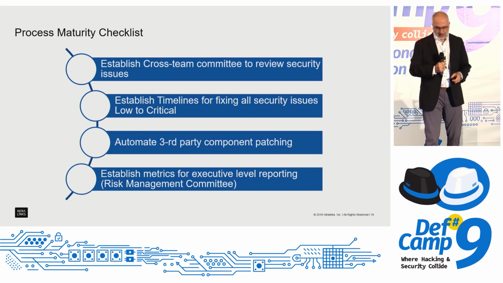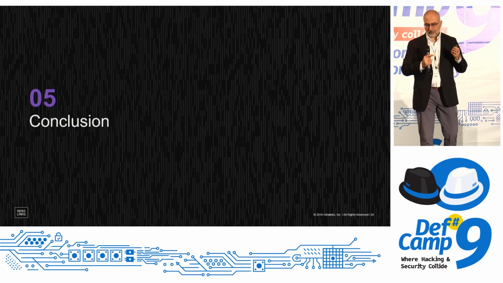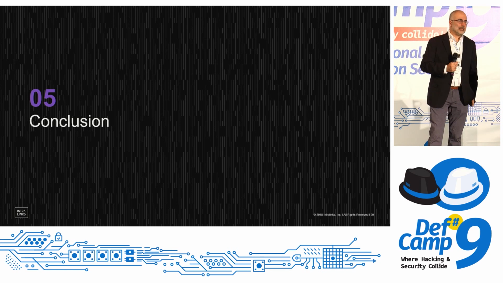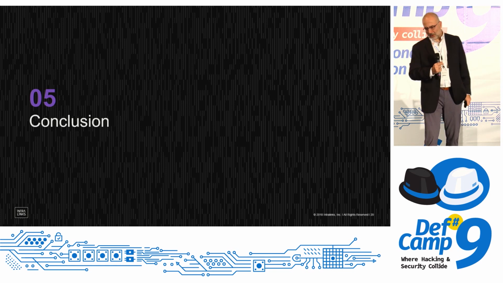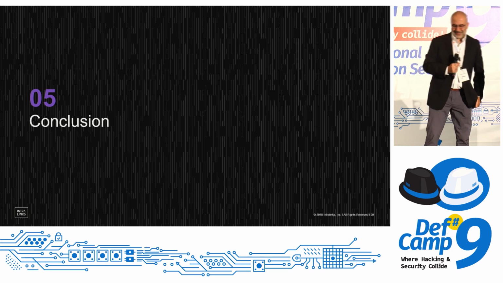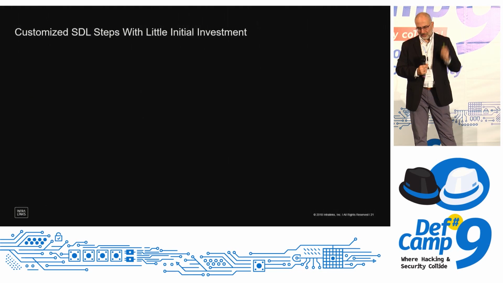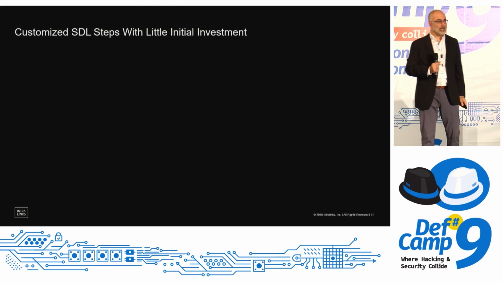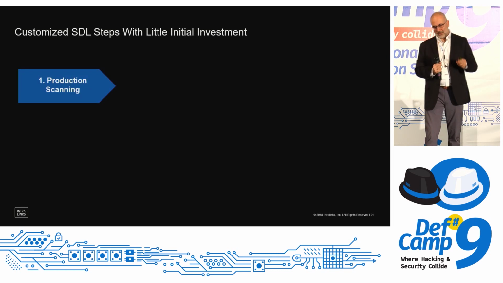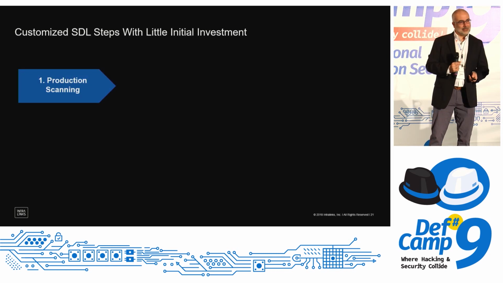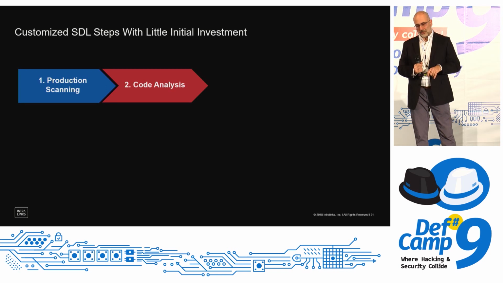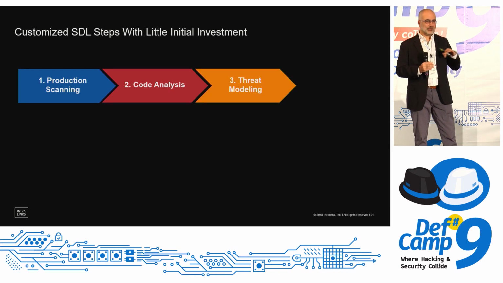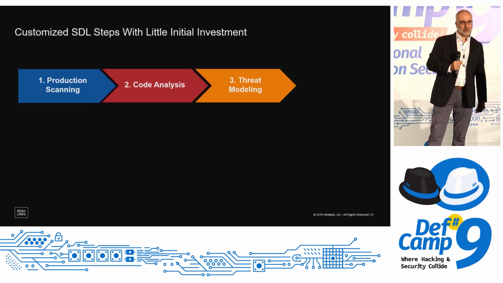So that's kind of covers what I was intended to present to you today. The conclusion is a little bit long, but I'm kind of going to reiterate about this customized SDL steps. So you don't start from training, obviously. You start from production scanning. Then you do your code analysis, then do the threat modeling. That's your kind of infancy stages of your security process.